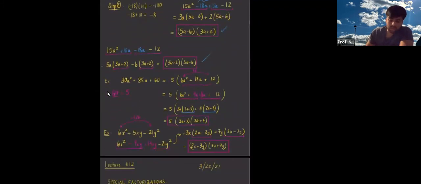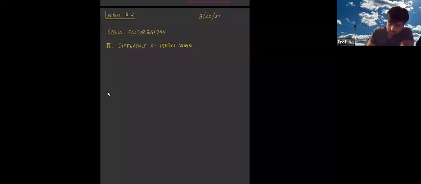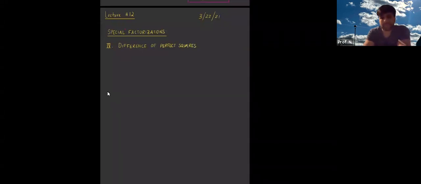So the 4th factorization technique that we're going to continue to study is the difference of perfect squares. So that's what we're going to be discussing.